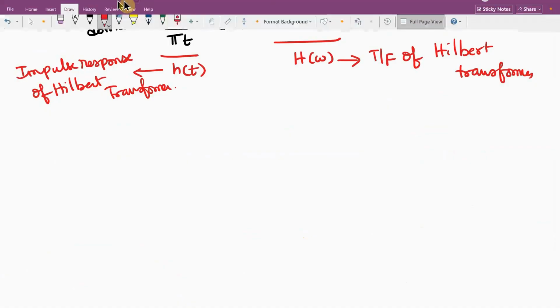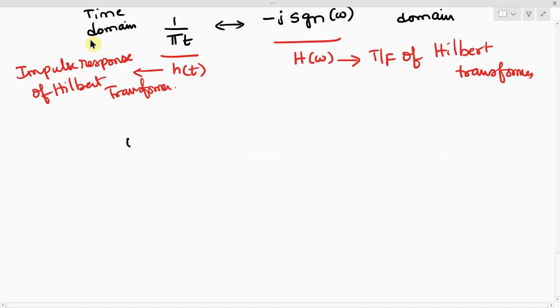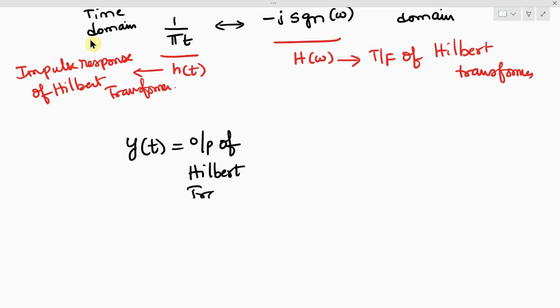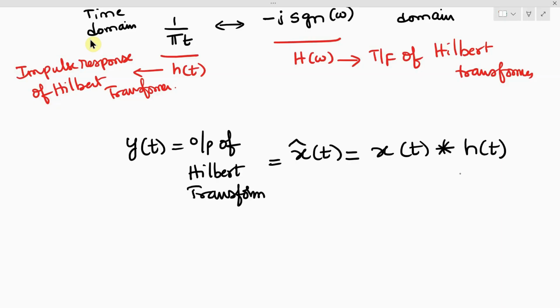So now, the output y of t of the Hilbert transform. How are we representing the Hilbert transform? It is x cap, which is the convolution between x of t and the impulse response. Now tell me, what is the impulse response here of the Hilbert transform? 1 by pi t.